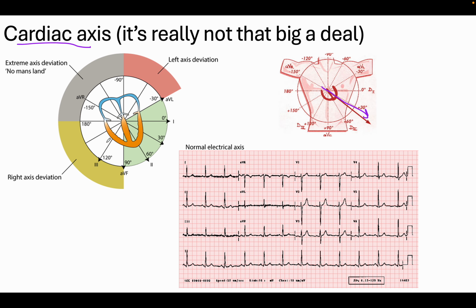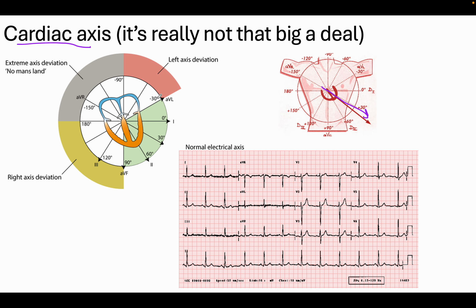This diagram here is the basis for working out cardiac axis. You just have to memorize it in your head. Essentially, how we work out axis is we look at the lead where electricity basically averagely goes to. We can see here that the normal cardiac axis lies between -30 and 90.